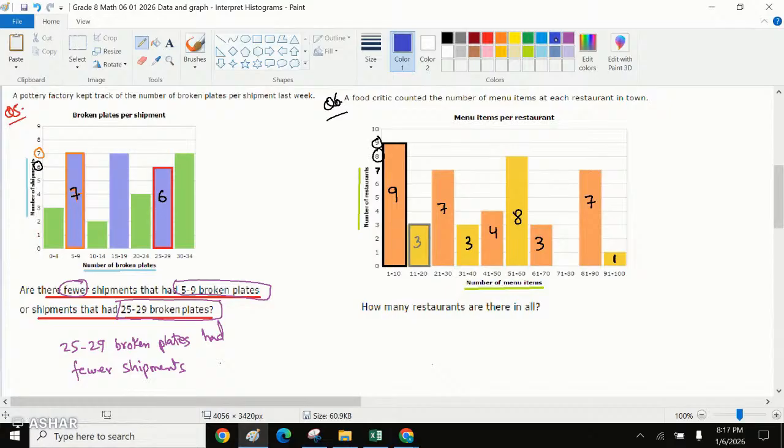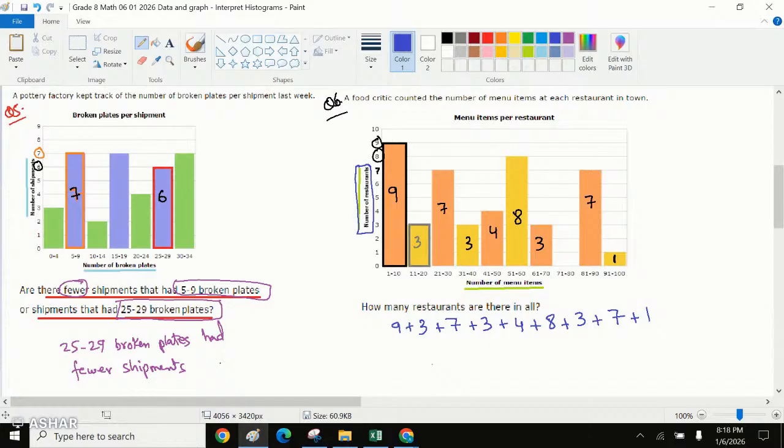So can we add them? They show the number of restaurants, because the y-axis represents the number of restaurants. 9 plus 3 is 12, plus 7 is 19, plus 3 is 22, plus 4 is 26, plus 8 is 34, and so on.